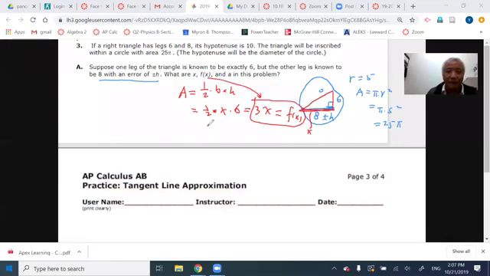And then this x will be represented by what? By the 10. Oh no, by the 8. Because the ideal measurement is 8, right? So the x is 8. And then x here is the measurement.